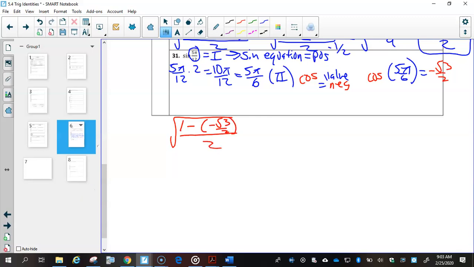But when we solve this, the answer is going to look very similar to what we got in 30, except now I'll have a plus instead of a minus. I still need to get common denominators, combine these fractions, and simplify these fractions.